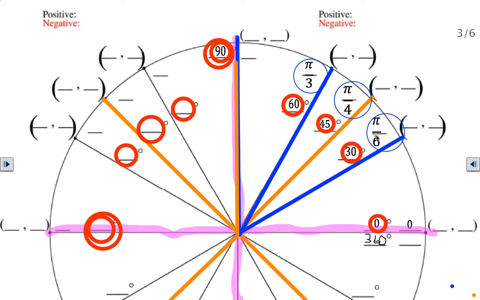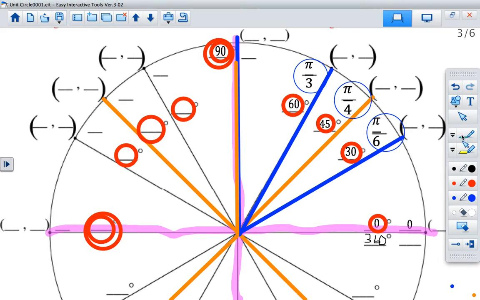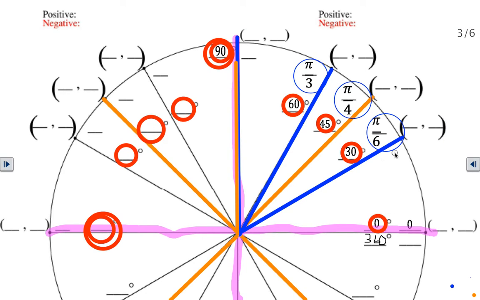Okay. So on your unit circle, on these lines, you have your degrees. On the next lines, you have your radians. I know most of you recall that this line here should be pi over 2. And then the same thing with multiplying your radians and multiplying your degrees. You're just going to keep continuing the pattern. So with this one, you have pi over 6.